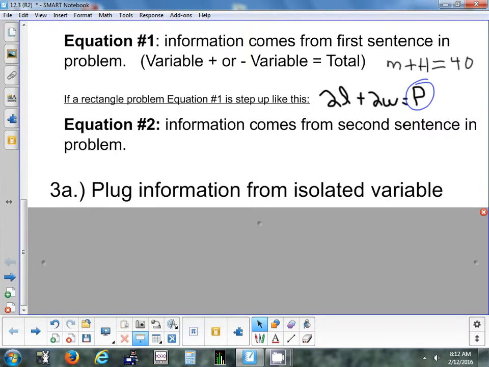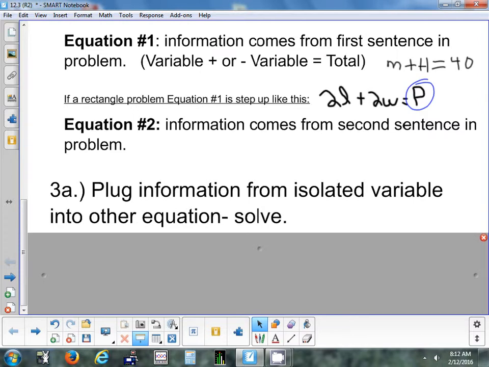So after we get our second equation, now step 3A is what we did yesterday and the day before. We're going to plug in using substitution, and now we're going to solve the problem. From this step on, it's what you guys learned yesterday and the day before.